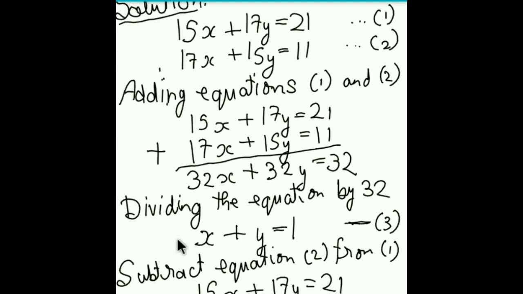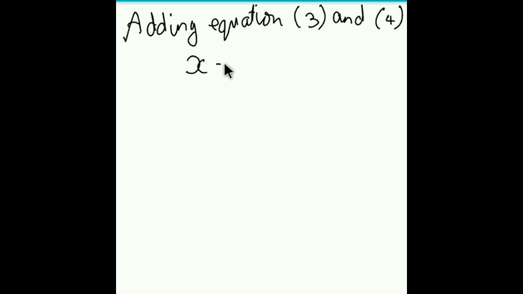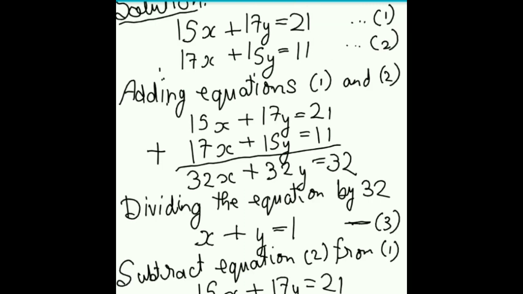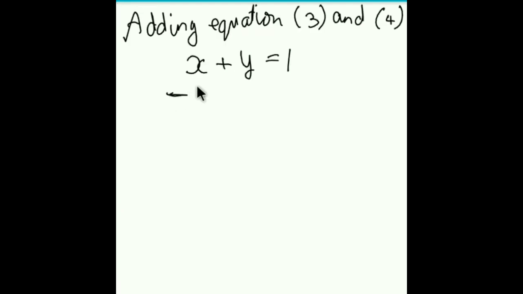Equation 3 is x plus y equal to 1, and equation 4 is minus x plus y is equal to 5. So we have to add these two equations. There will be no change of sign in this equation, we will just add it.